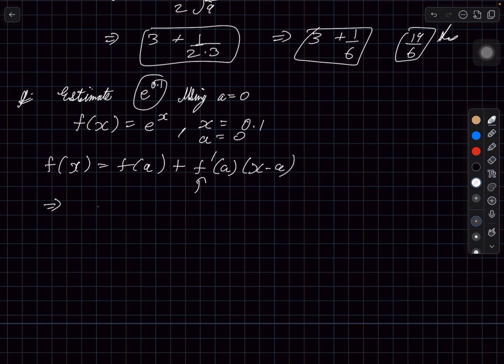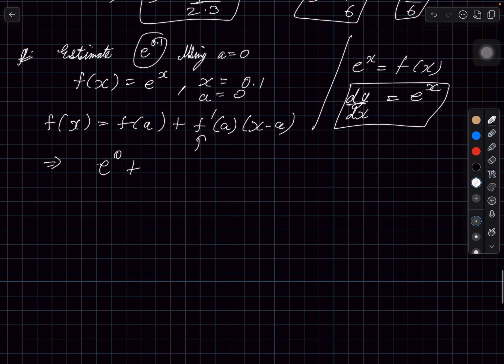So f(a) is e to the power 0, plus e to the power x. The derivative of e to the power x is e to the power x. You should know this, but I'm still telling you: if you differentiate e to the power x, dy by dx, you'll get e to the power x.